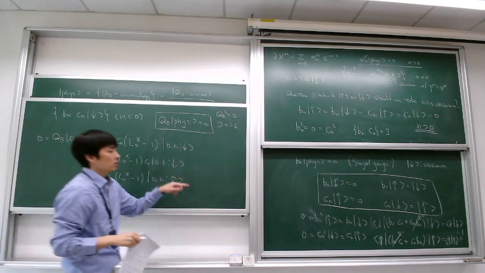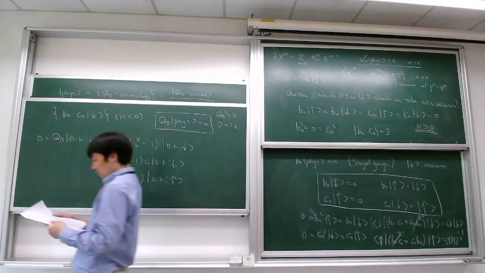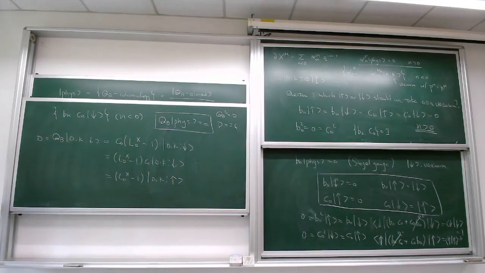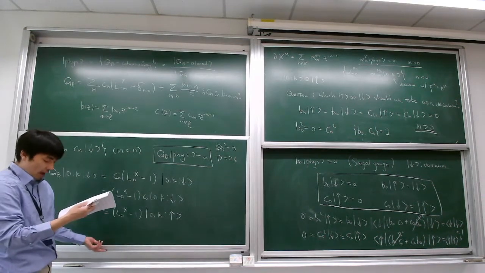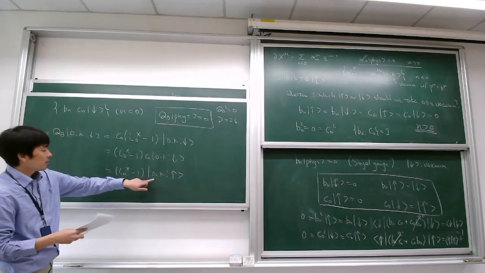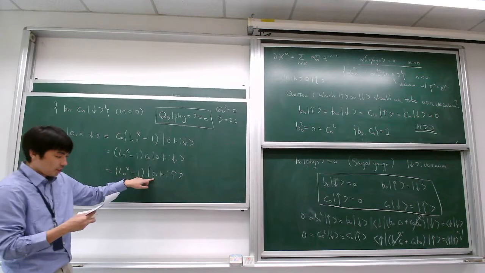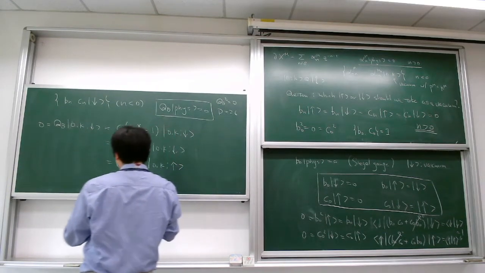C naught acts on the down state; you just follow this rule. Therefore, one has to impose the condition that when you act L naught X on this, you get just the vacuum itself.